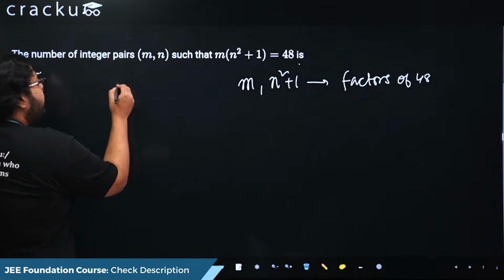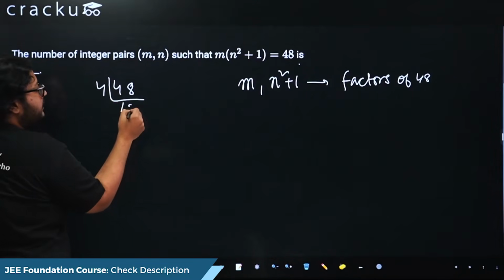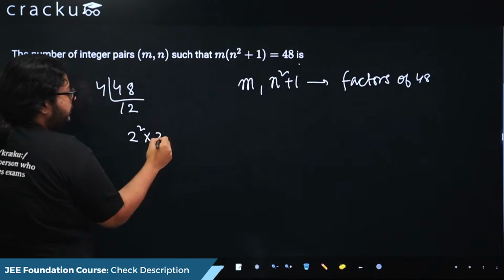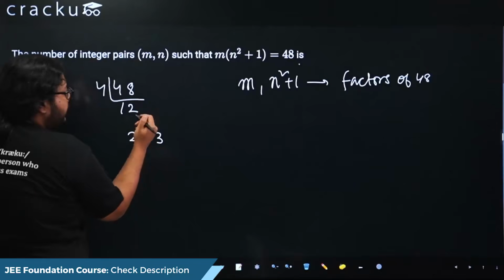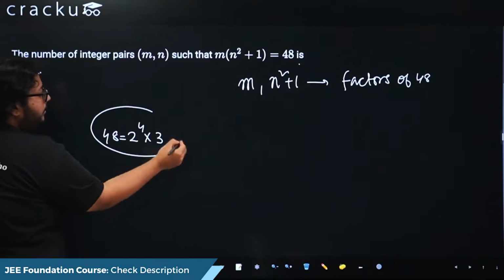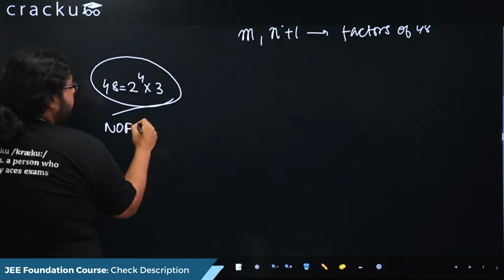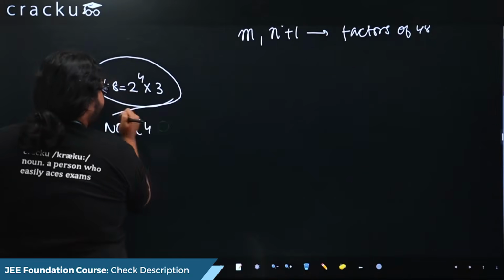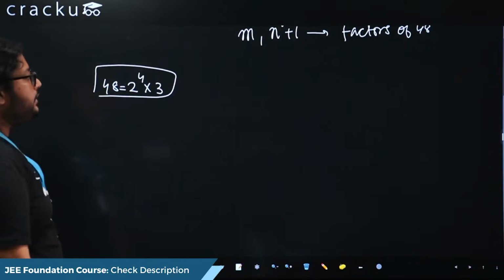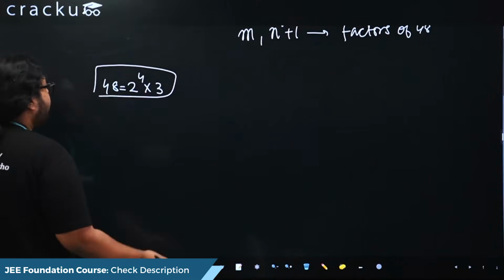Now 48 is what? If I do 4, then that's 12. So 12 is basically 2 square into 3, and 4 is another 2 square. So 48 is basically 2 to the power 4 into 3. So I need to figure out the factors of 48. What will be the factors of 48?